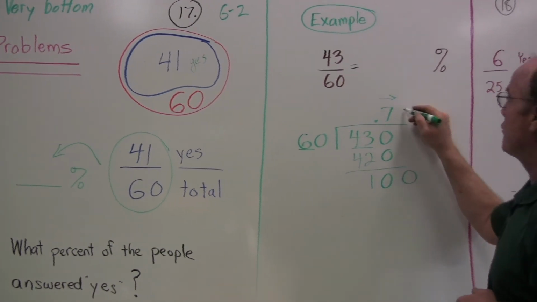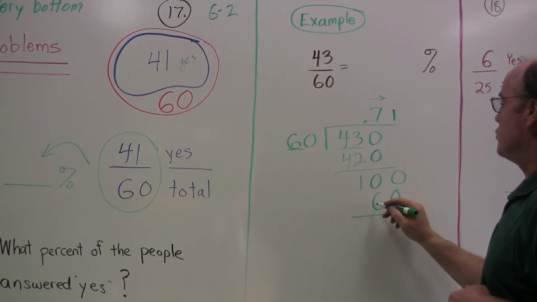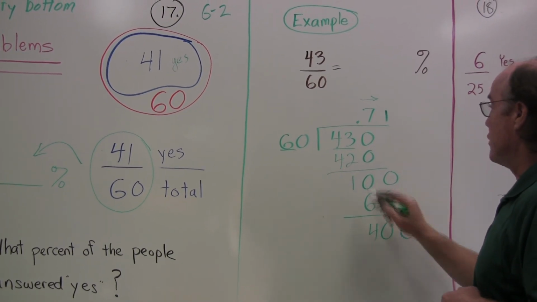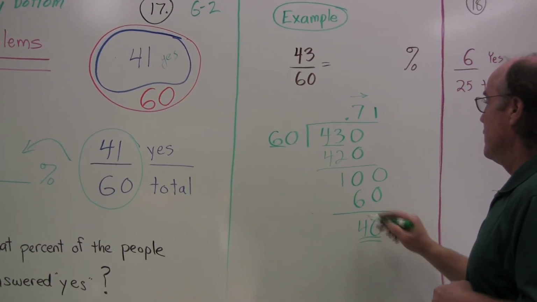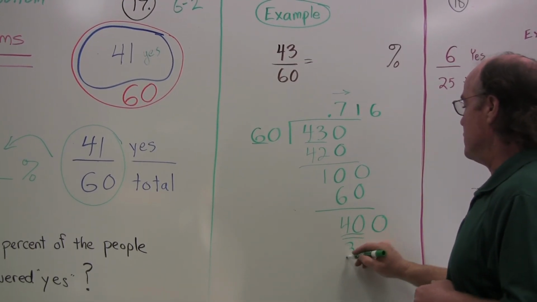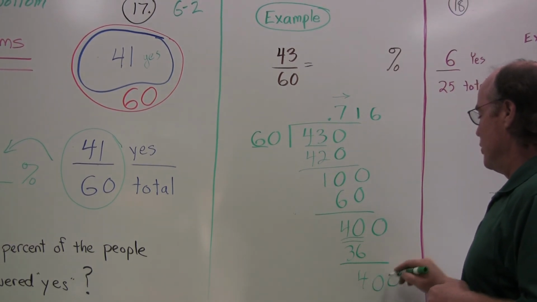60 goes into 100 one time, there's 60. 60 goes into 40, and then we have to add the 0. 60 goes into 400. 6 goes into 45 6 times, 36. And look what we get.